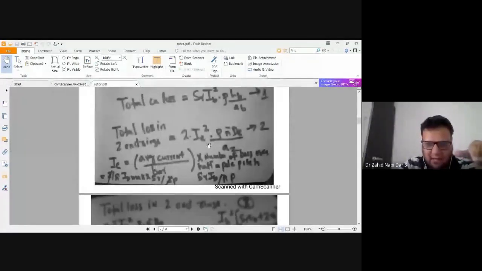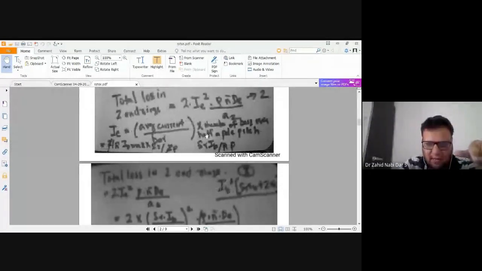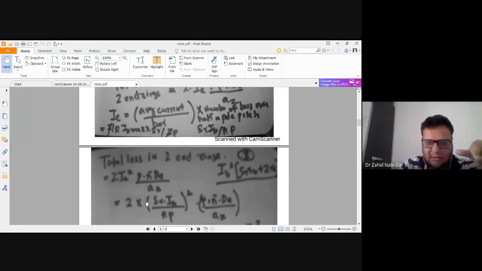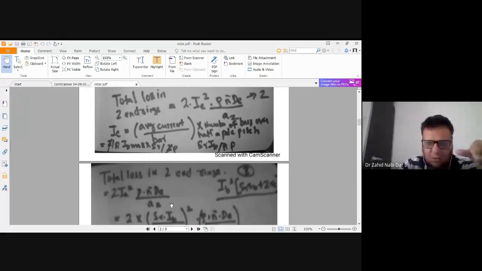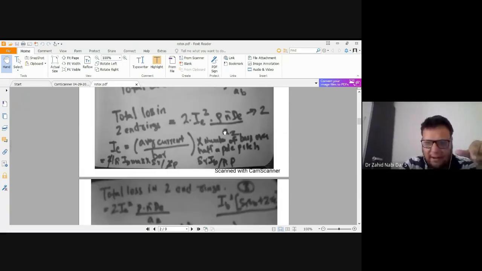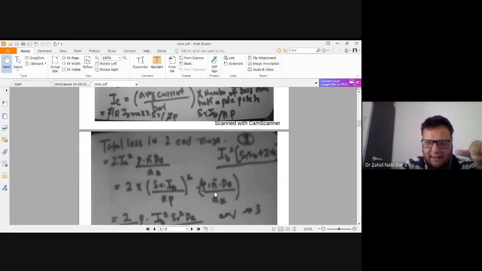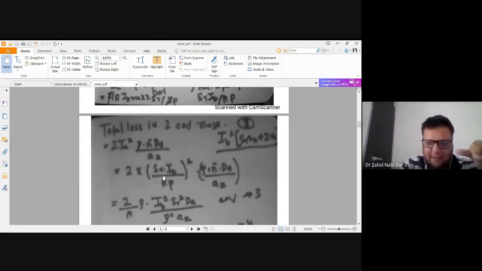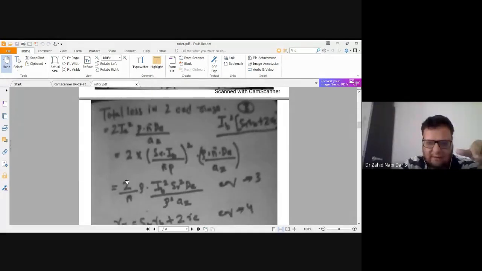This IE happens to be SR IB by pi P, so SR square, IB square, pi square, P square will come. So 2 into SR IB whole square, pi P whole square, into this term rho pi dE by AE. If you solve this term, you will get this equation.